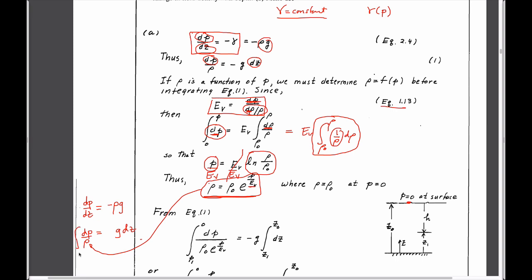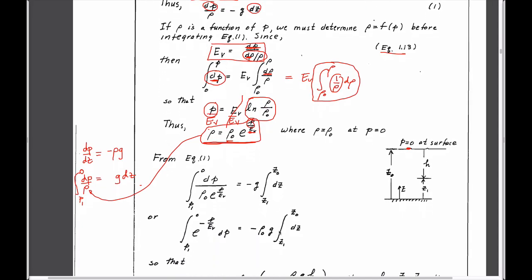integrate this between the pressure at some limit and some other pressure P1, because now this term is defined completely in terms of a reference density, a modulus, and a pressure. So it is a function only of pressure on the left hand side, and the integral on the right hand side is relatively straightforward.